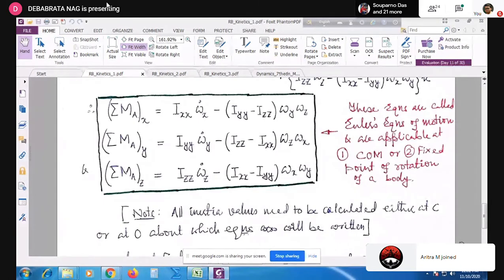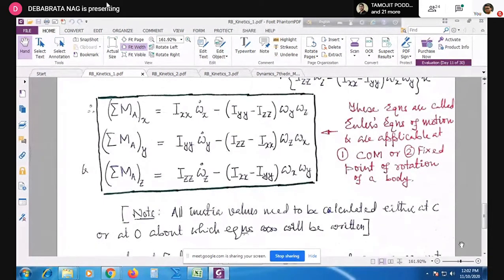The second assumption was that at the point where I am writing the moment equation, I choose a coordinate axis x, y, z, which are basically the principal axes of inertia available at that particular point. Either it will be the principal axes of inertia at the center of mass of the rigid body, or at the fixed point about which the rigid body is assumed to be rotating.